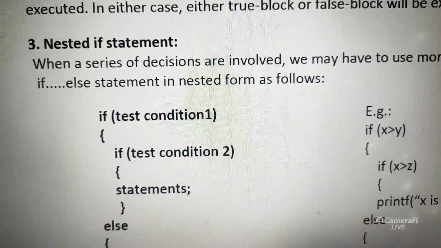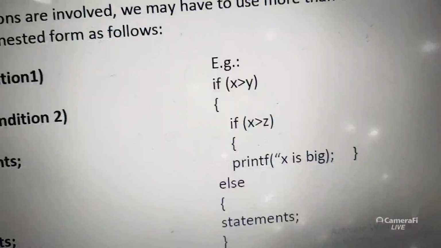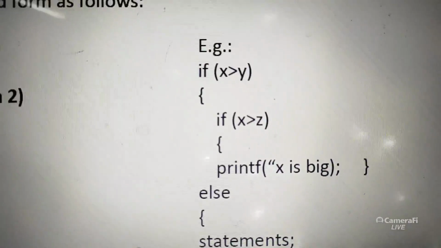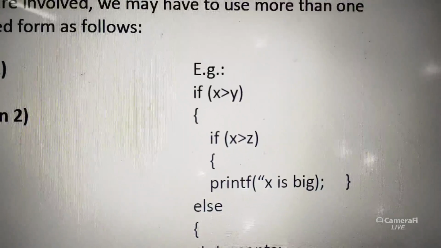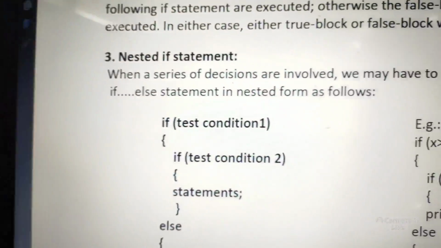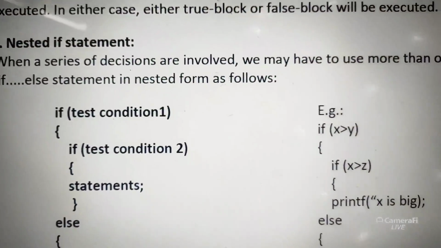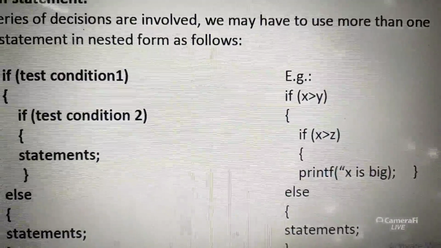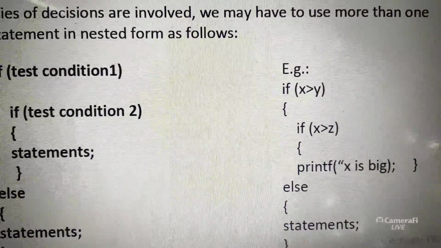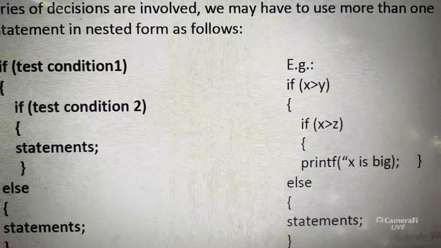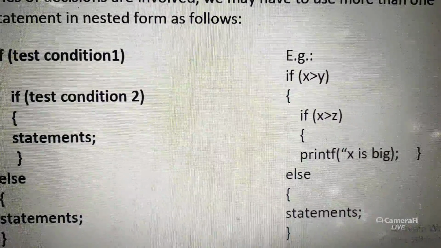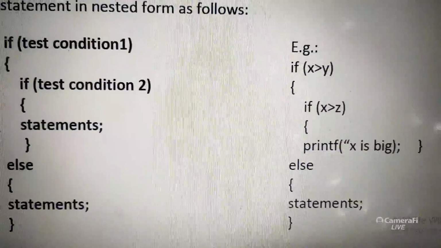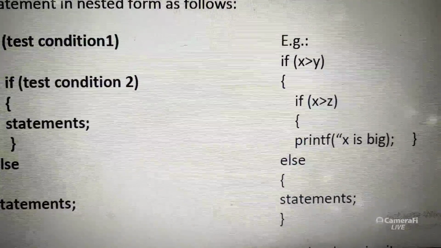Next, multiple conditions you can check with two if statements. Condition 1, condition 2. First condition, then second condition. So when a series of decisions are involved, a group of conditions, you should check. You'll be checking your marks with your friends. If you have 3 friends, you got 18 in mathematics, then you'll check your friend's score, 81. What is your other friend's score, 79.